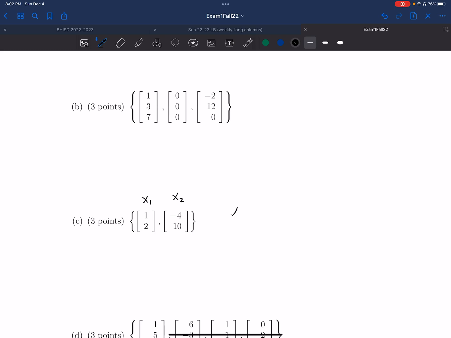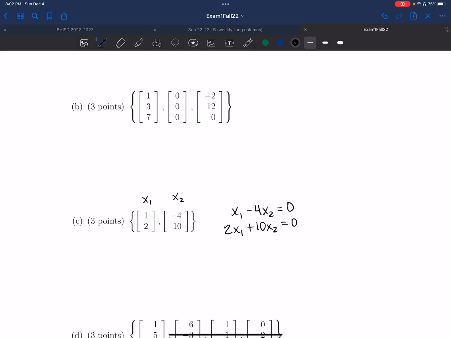So this is really like x1 minus 4x2 equals 0, and 2x1 plus 10x2 equals 0. So what we need to try to see when they look like this, when we have a coefficient in front of each variable, we need to see if they're independent of one another.